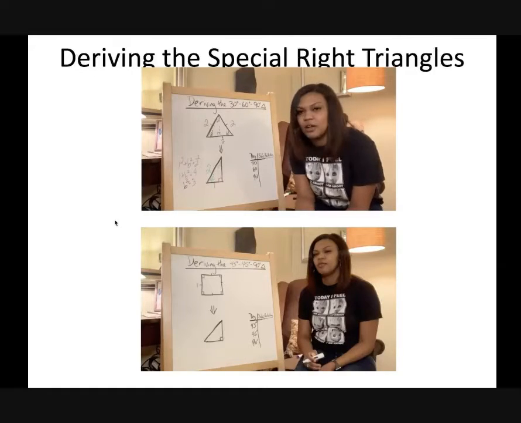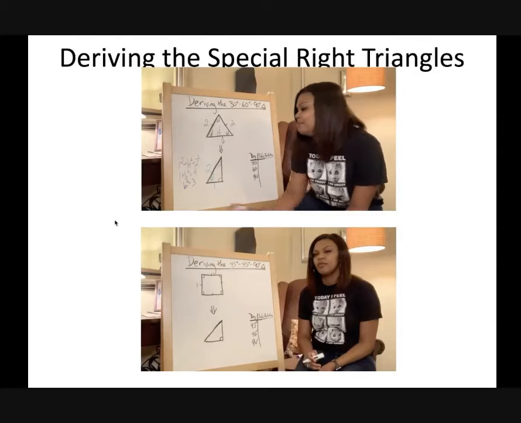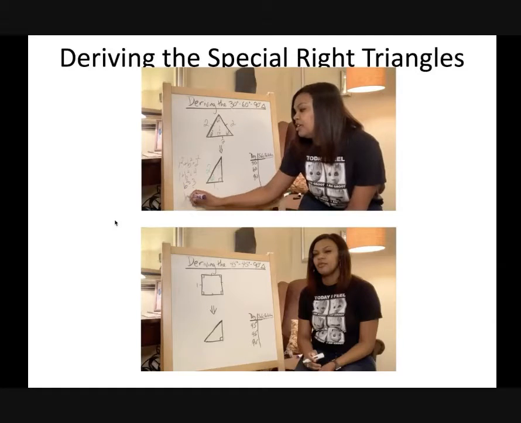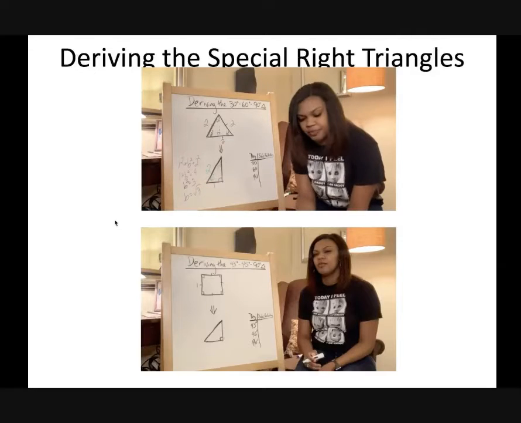In order to solve for b, we have to take the square root. Now oftentimes when you take the square root, you assume the positive and the negative. However, since we're talking about distance or a side length, we're only going to assume the positive. So b then is equal to the square root of 3.